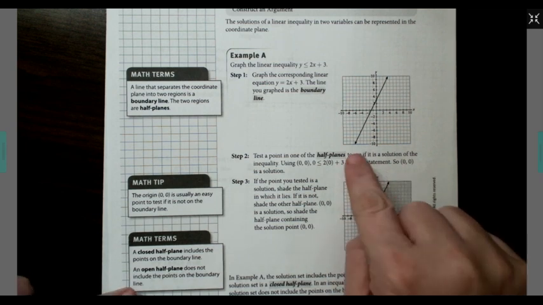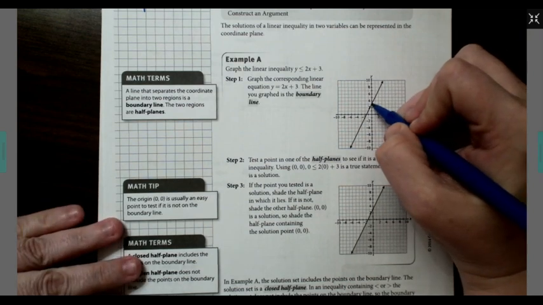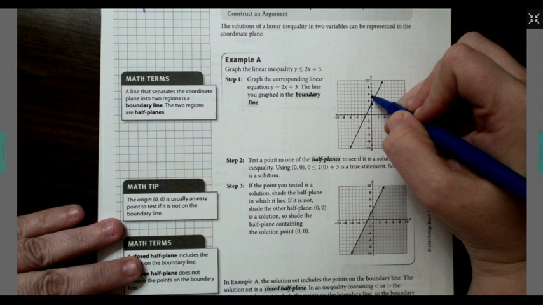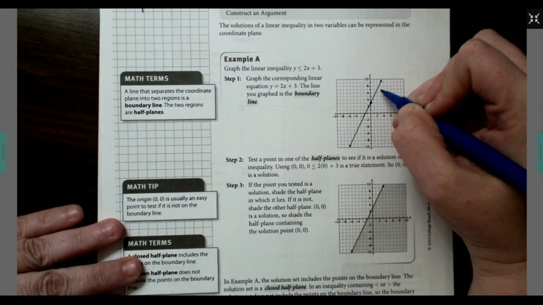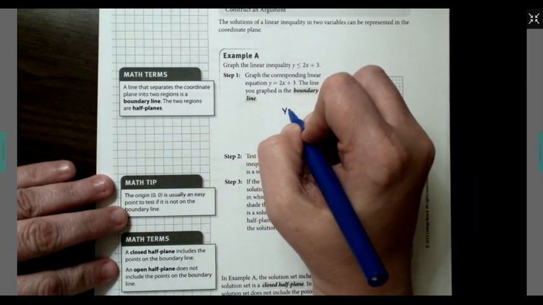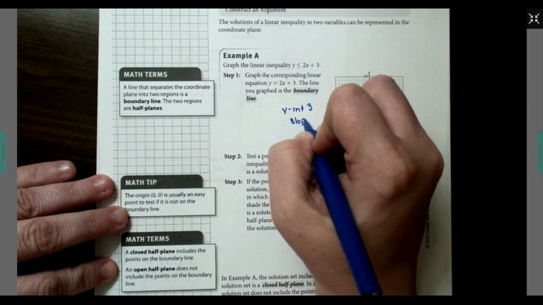The line you graphed is called the boundary line. Notice that they started at the y-intercept of 3, and then they increased by 2, 1 over 1. So they started with the y-intercept. My y-intercept was 3, slope of 2.